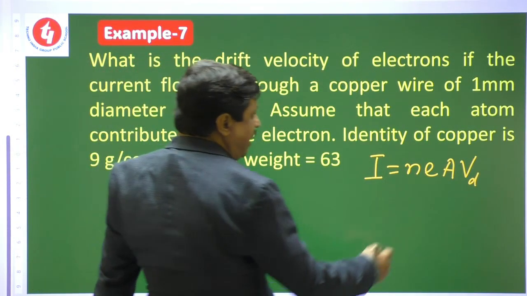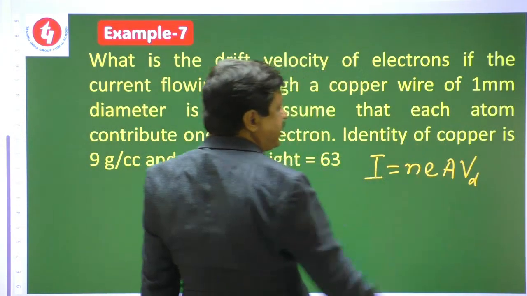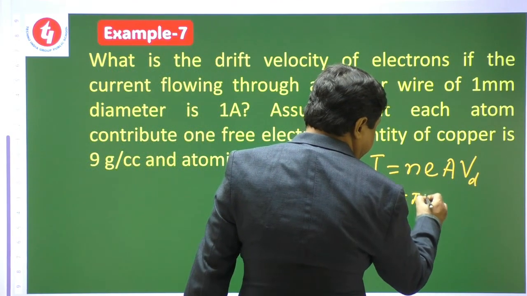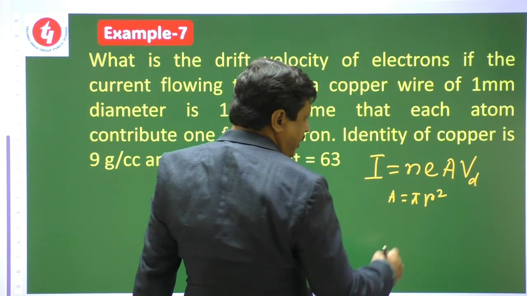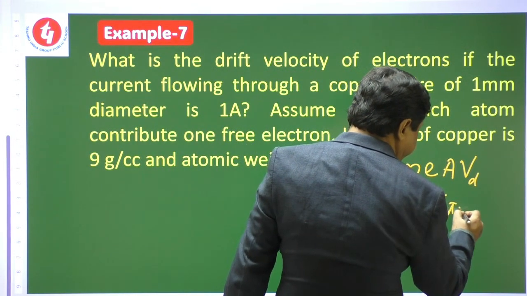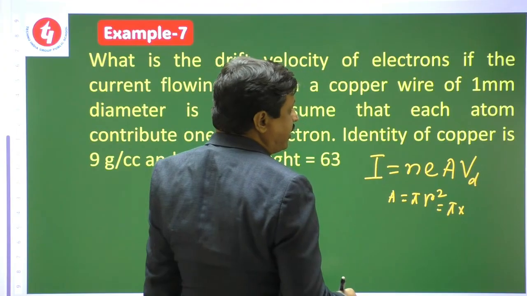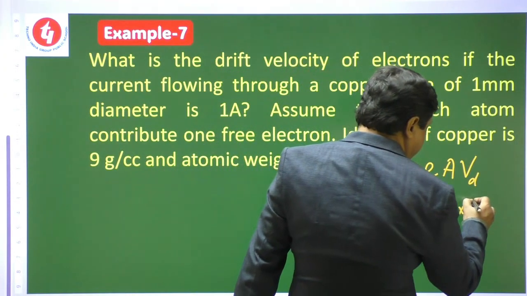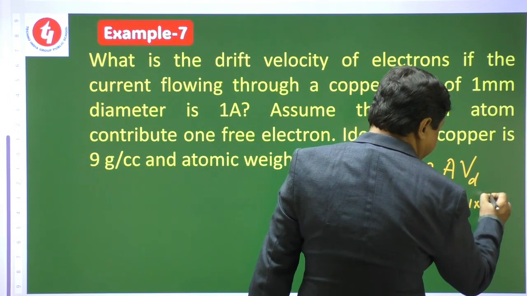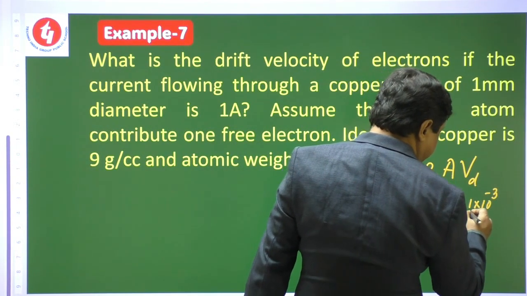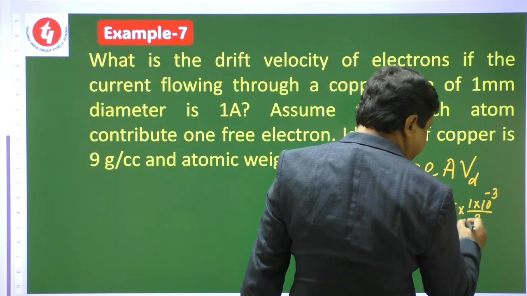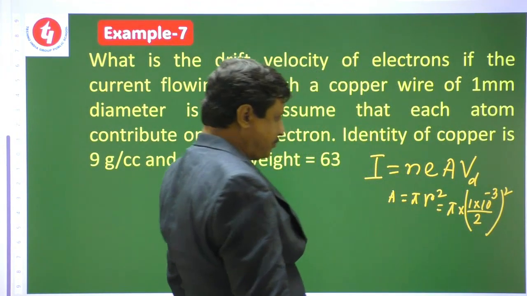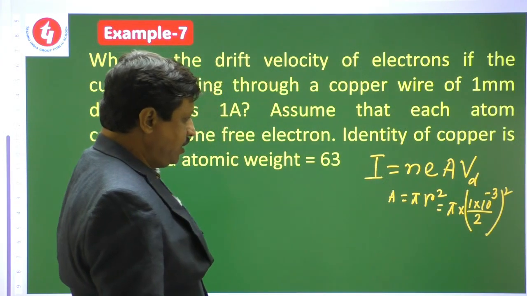Obviously the diameter is given, so area equals pi r squared. That is pi into 1 into 10 to the power minus 3 meter, divided by 2, which is the radius, whole squared.